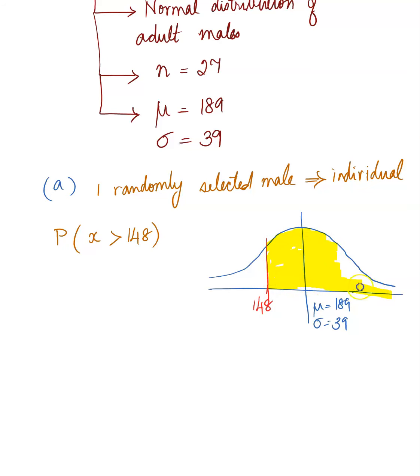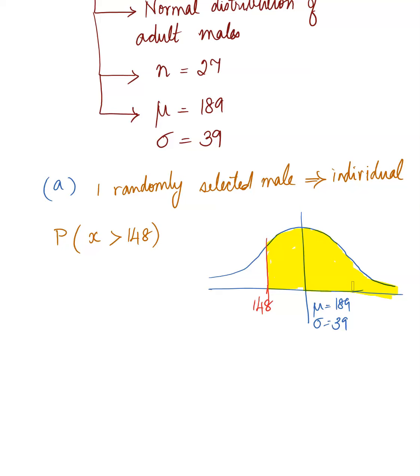Okay. So you know already that your answer is going to be more than 50% because the right half of your symmetric bell curve is already at 50%. So you are having a little more from the left of the mean as well. So you kind of eyeball your answer. You know that it's going to be, I don't know, 60 or 70 or 80. It just depends on how far away 148 is in that distribution.